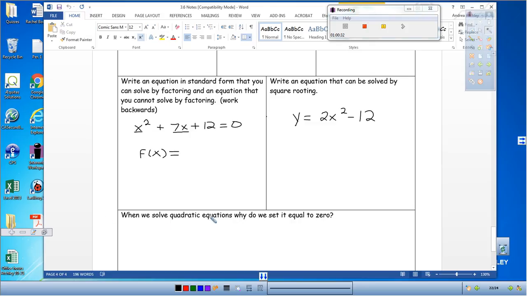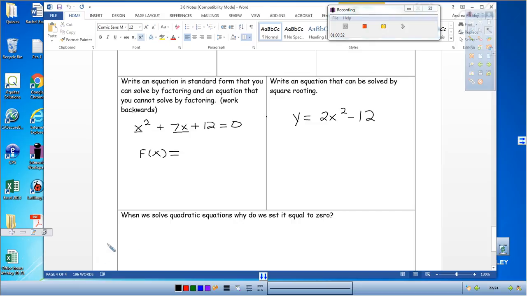Okay? Last one, when we solve quadratic equations, why do we set it equal to 0? Okay, to solve it. Okay, but why 0? Yes. Because the way you find x is such that its y value is 0. Okay, and why is the y value going to be 0?